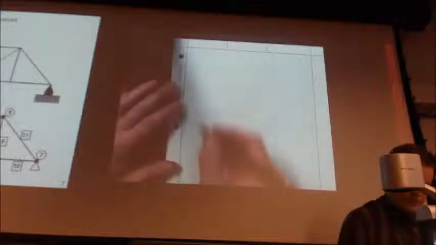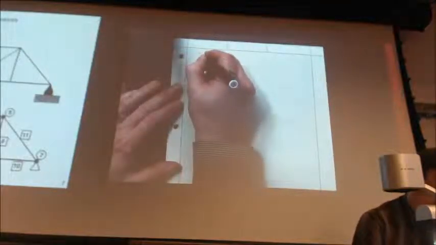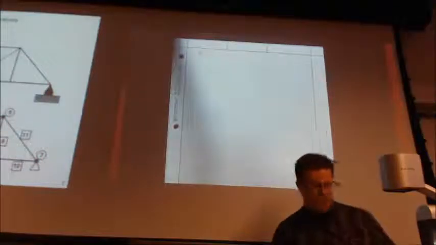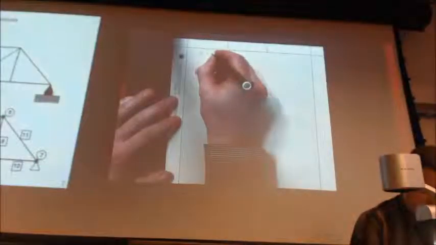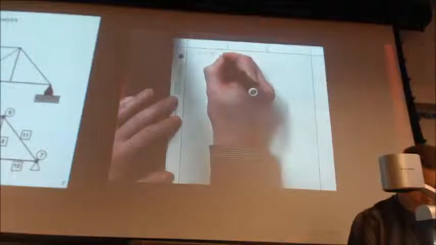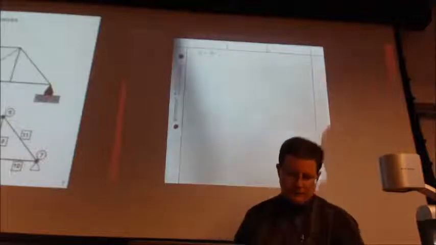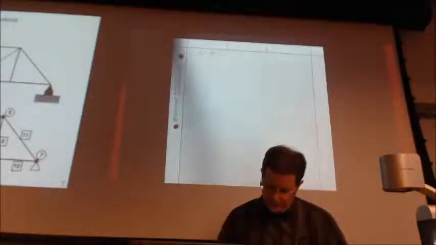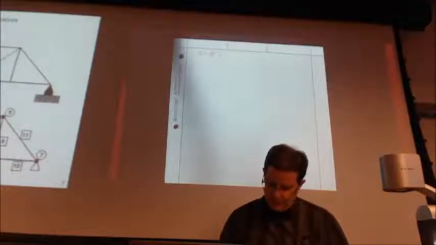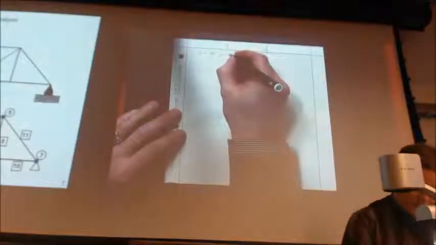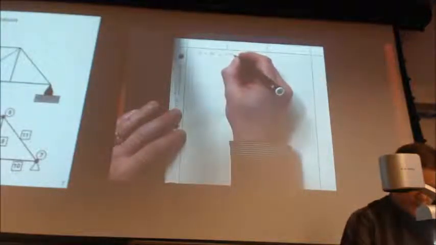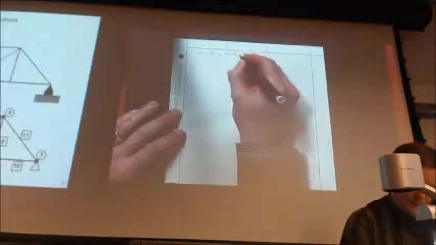Okay. So if we want to determine, let's figure out what K1 is. So element 1, they said it's aluminum, and our cross section is 1.0 inches squared.